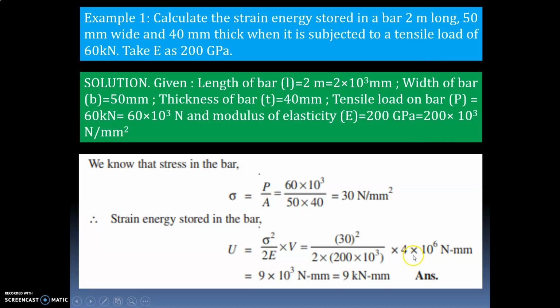So that is equal to 4 into 10 raised to 6 Newton millimeter, because Newton millimeter is the strain energy unit. Simplify this, you get 9 into 10 raised to 3 Newton millimeter or 9 kilonewton millimeter. So in this way you can calculate the strain energy stored in the bar. Very simple example, direct substitution.